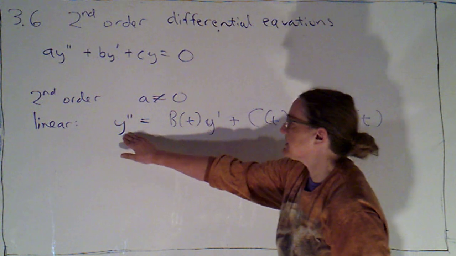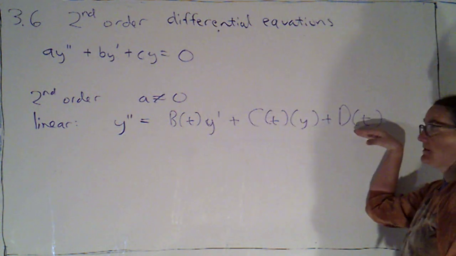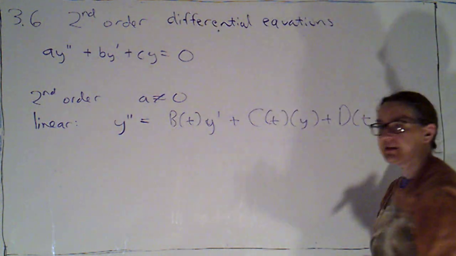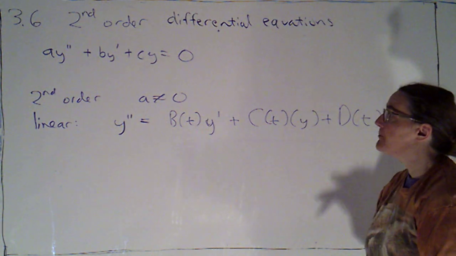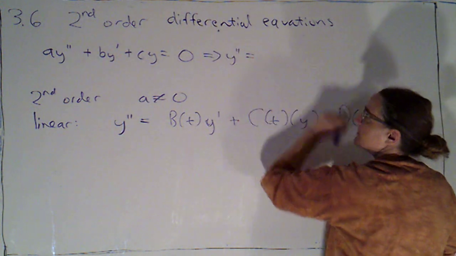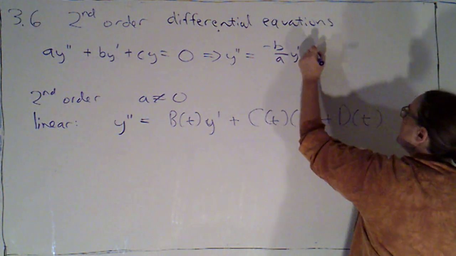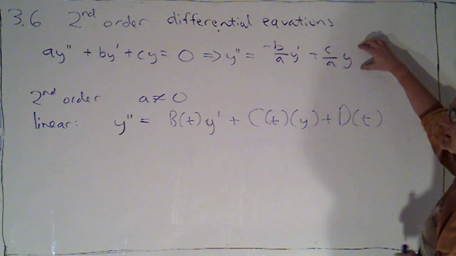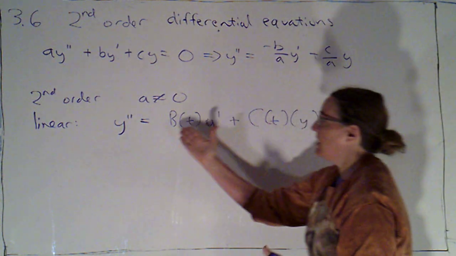So I could express the second derivative in terms of some y primes, some y's, and some functions of t, and I'm also allowed to have functions of t as my coefficients in front of y prime and in front of y. Now obviously here, if I were to solve for y double prime, that would mean that y double prime was negative b over a y prime minus c over a y. So this is somewhat specific because I can see I don't have any functions of t.